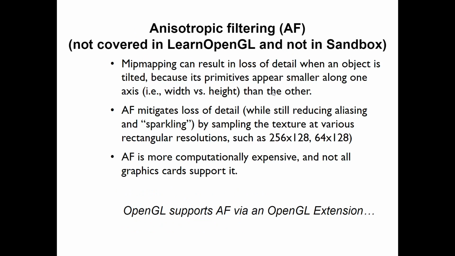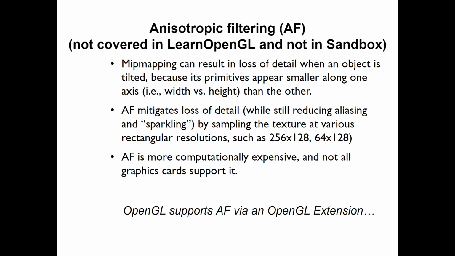Now, there's another level of filtering, another way of kind of averaging and smoothing and so on, called anisotropic filtering. The Learn OpenGL site actually leaves this out, and it's something to be aware of as you potentially come across it in sample code. Whether you use it or not, if you're using the older text, it was included in there.